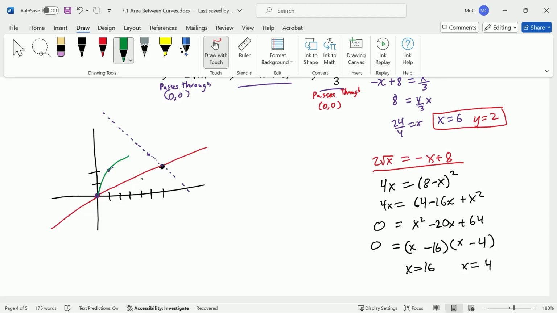Okay, and so if x equals 4, that puts us up here on this point. And so our graph looks like this.